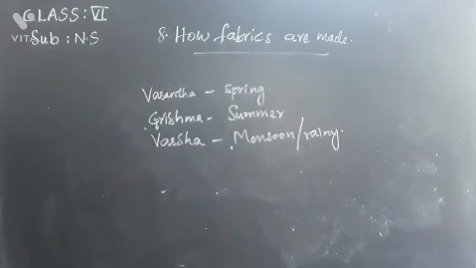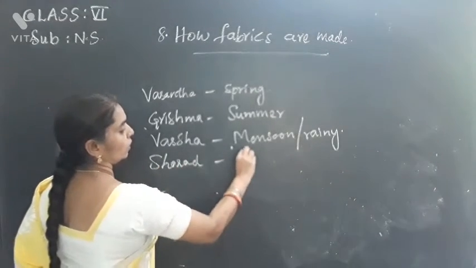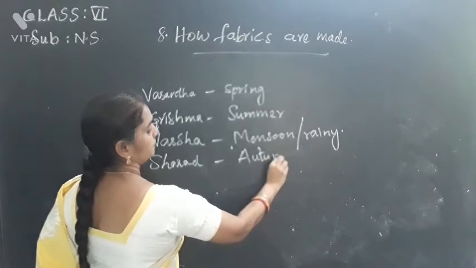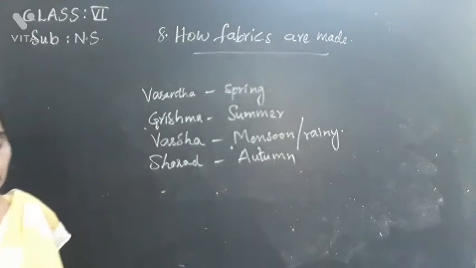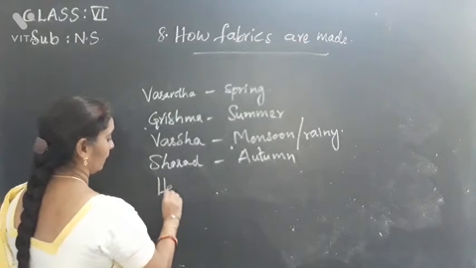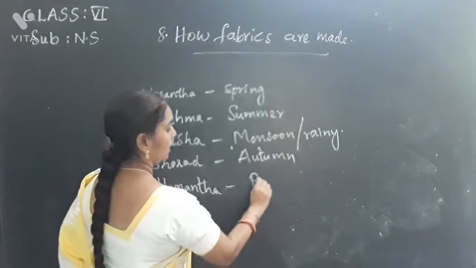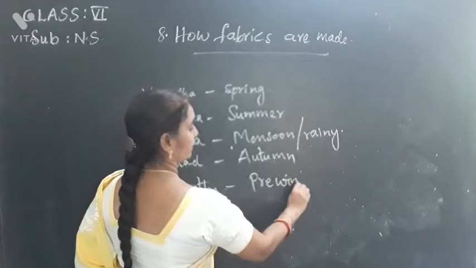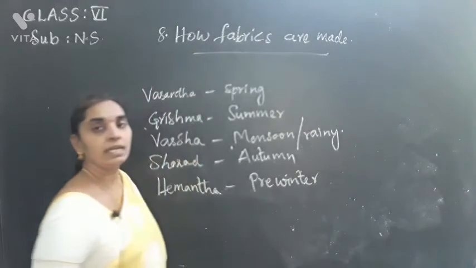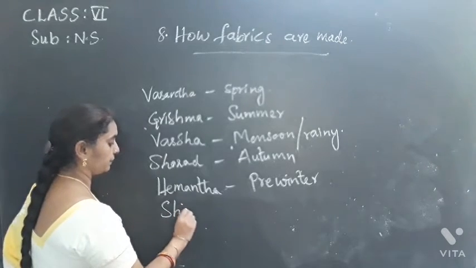Sharad is called autumn season. Hemanta is called pre-winter season. And Shishira is called winter.